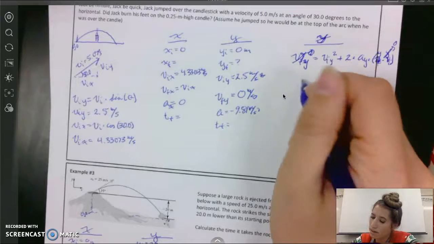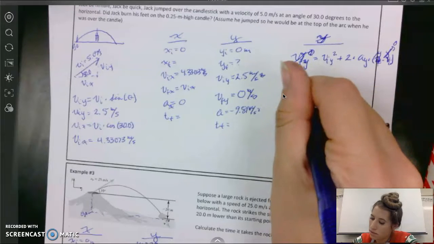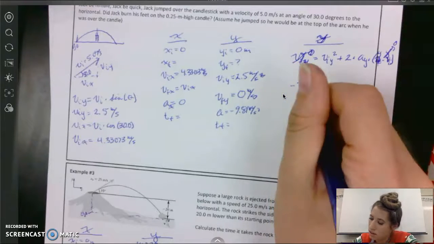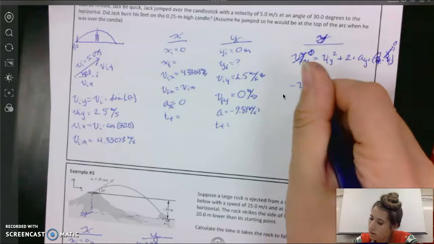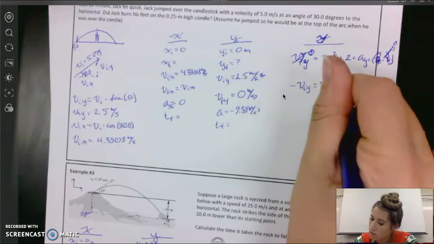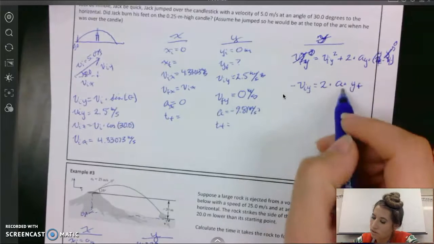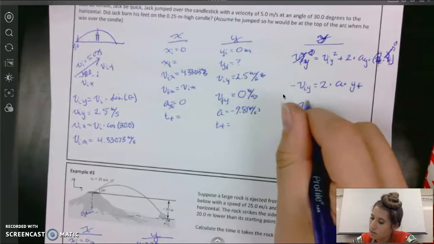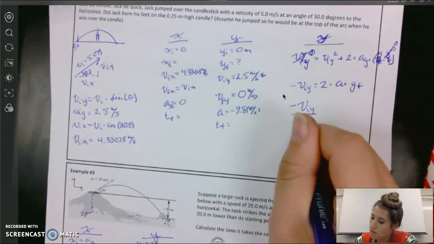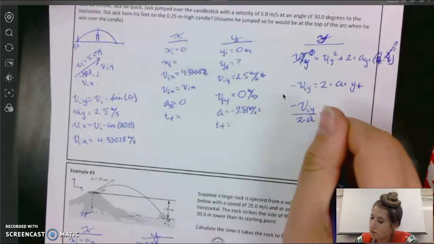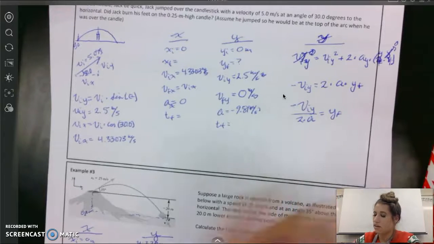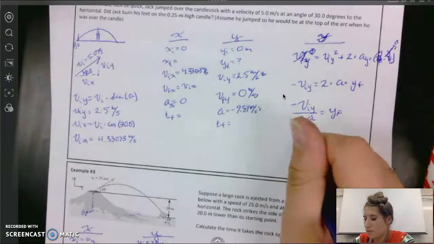I'm going to subtract that initial, so negative velocity initial in the y, and that's going to equal 2 times acceleration times y final, so I'll divide by that. That'll tell me y final, so let me plug those numbers in.